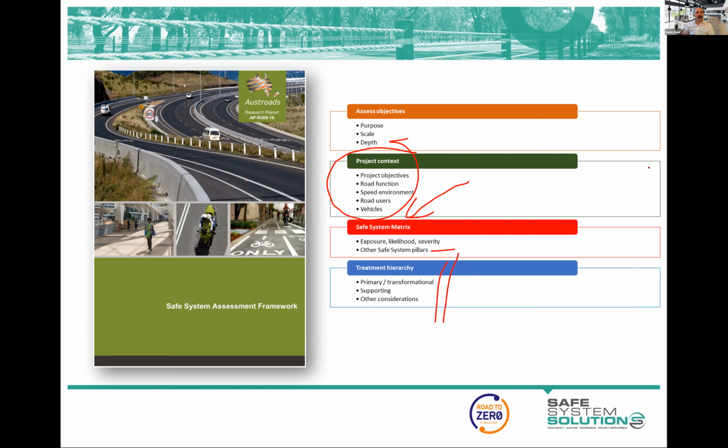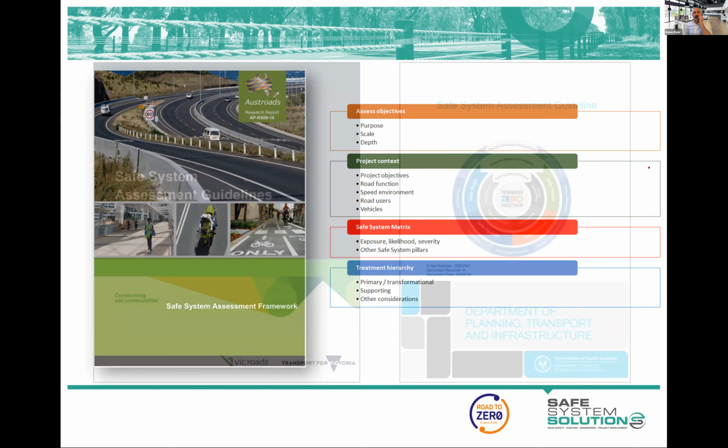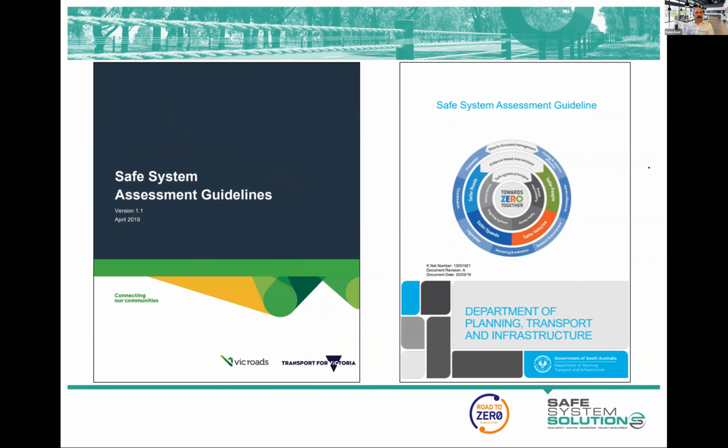And so as we started doing more and more, we found little things that didn't quite work, or things that didn't have good clarification. And then there was all of the policy perspective, as in when you would do safe system assessments and the like. So Victoria and South Australia have produced guidelines to cover off some of that.